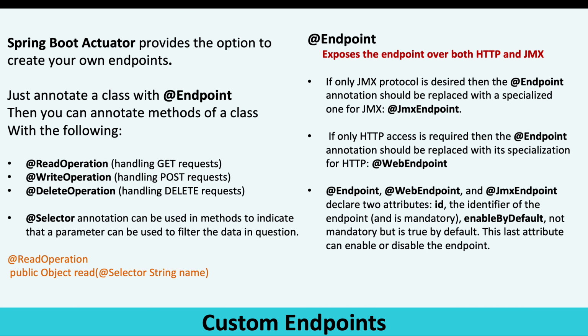All these annotations, @Endpoint, @WebEndpoint, @JmxEndpoint, have two attributes, the id and enableByDefault. The id will become an identifier for your endpoint. For instance, when you talk of health, you say /actuator/health. That health is an identifier. Or you can say /metrics. That metrics is an identifier. Or you can say /beans, /env, /info.